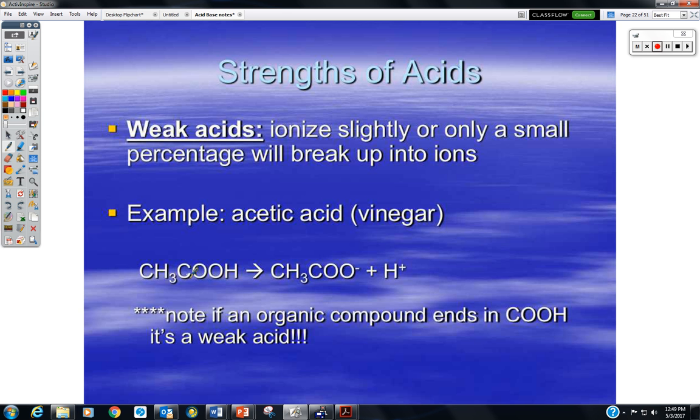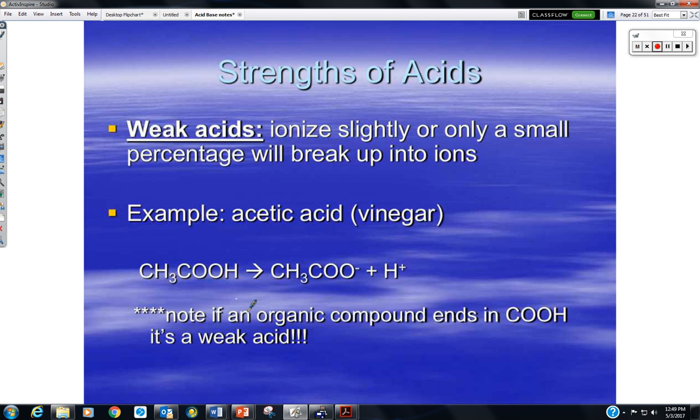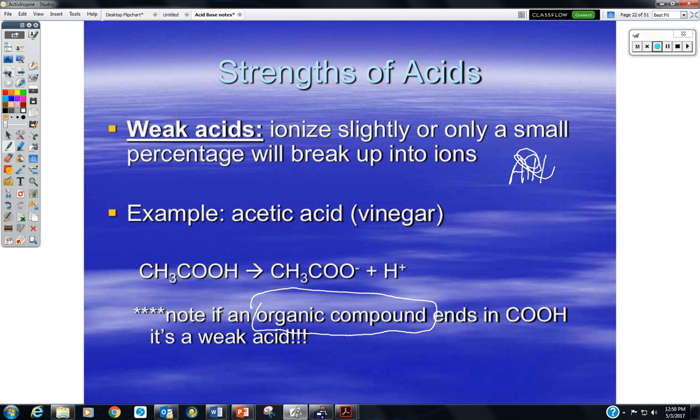All right. Weak acids, what I want you to know here for weak acids is essentially when you're trying to identify something as a strong acid or a weak acid, let me go back a page.